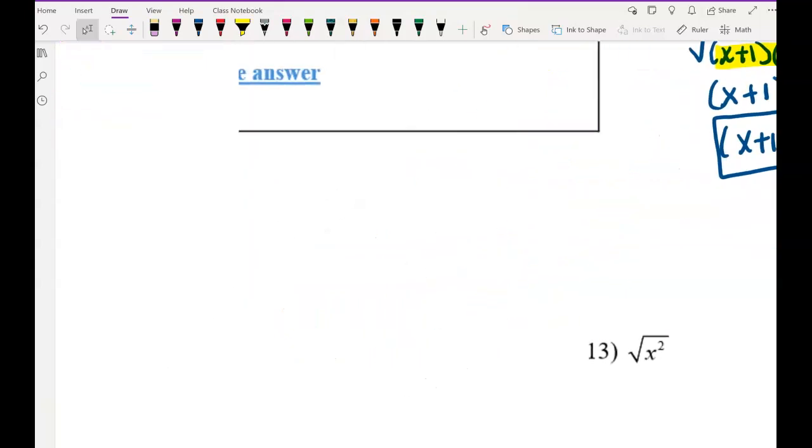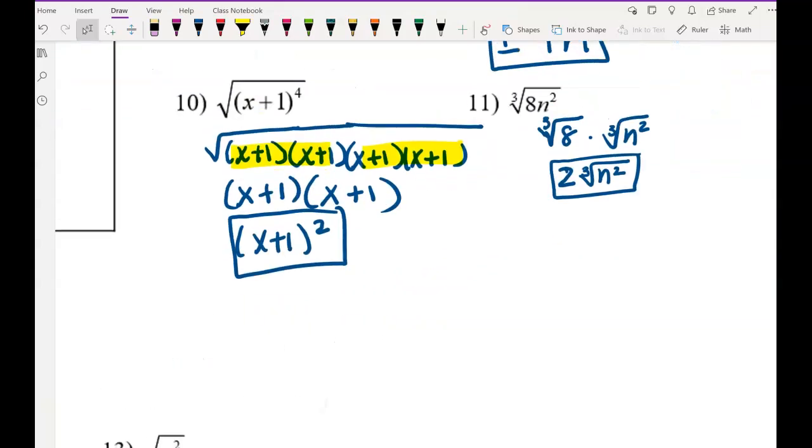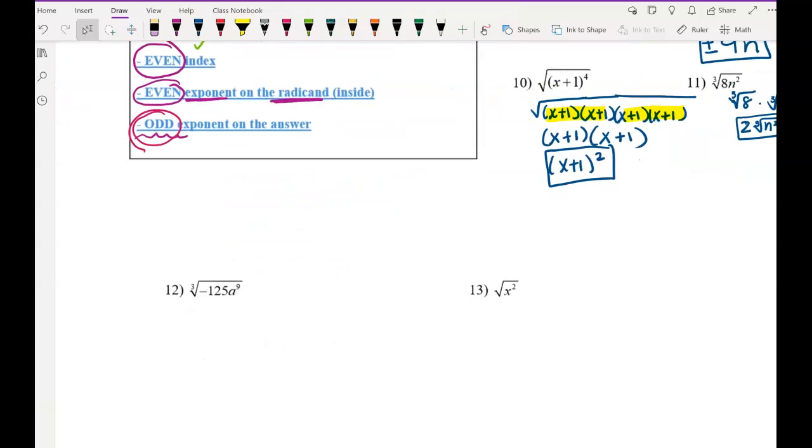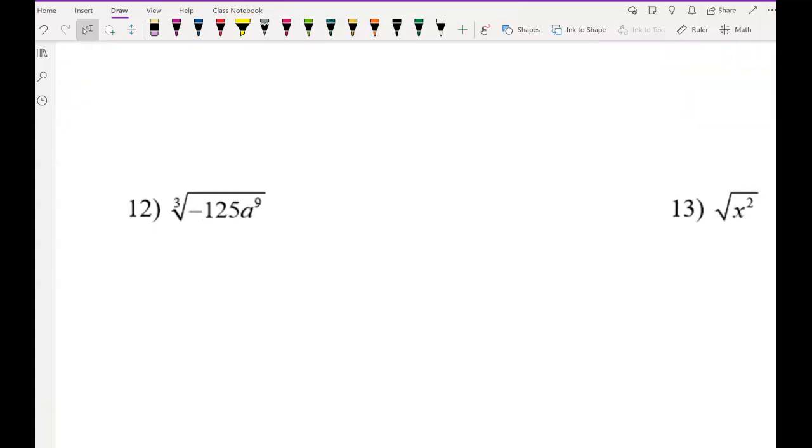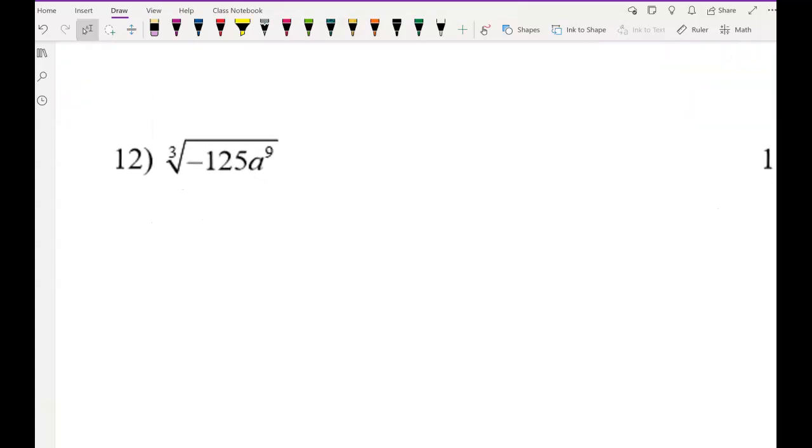So let's see what we just got done. We just got done with 11, so I'm looking for 12. Let's talk about something like 12. With a cube root, we know we can have negatives under this radical symbol. So the cube root of negative 125 is negative 5 times negative 5 times negative 5.